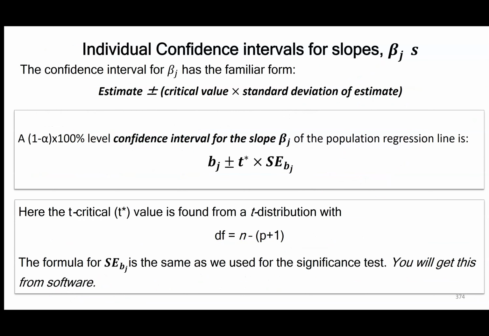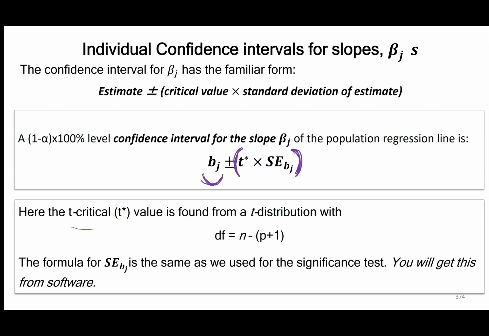Confidence intervals are going to be set up basically the same way as in simple linear regression. You take the b that goes with the variable of interest, plus or minus, and I like to put parentheses here, it reminds me to do the multiplication first, your t star critical value for your confidence interval times the standard error for that variable.